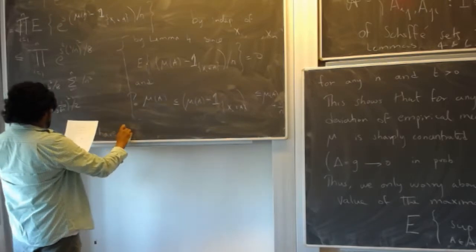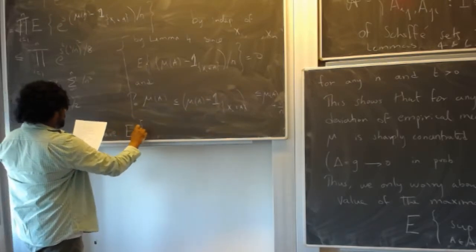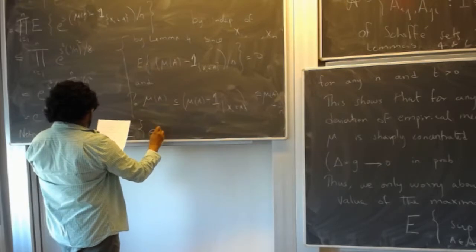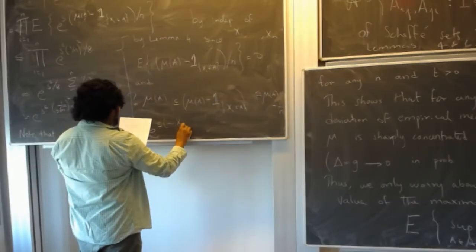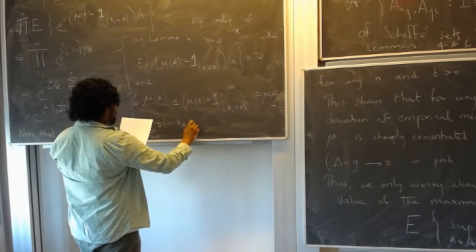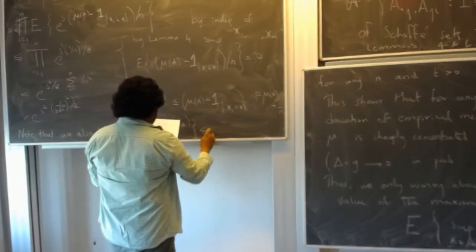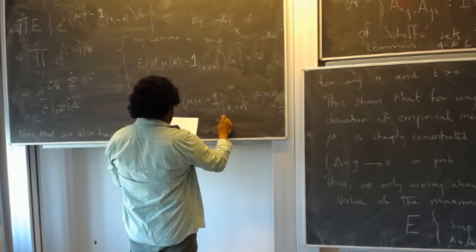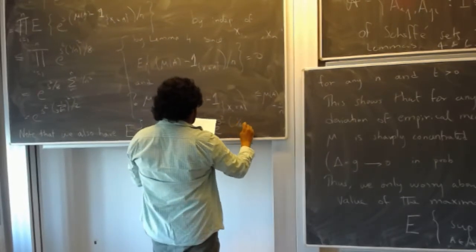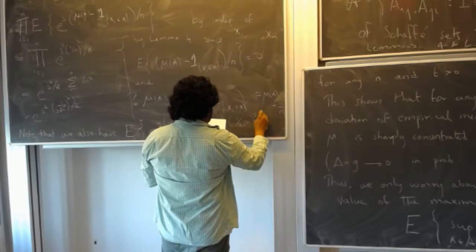So we also have the expectation of e to the s of minus x of a, which is less than or equal to e to the s squared times (1 over 2 root n) squared over 2.